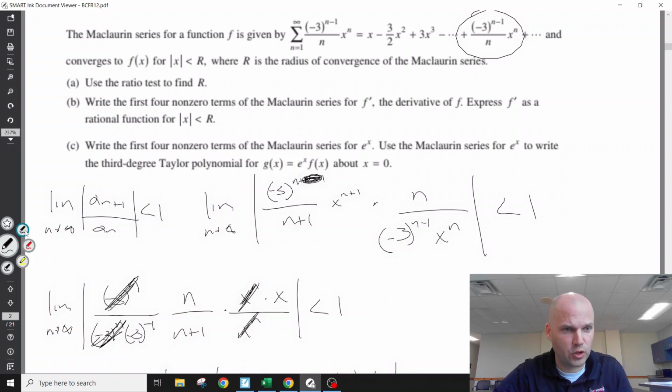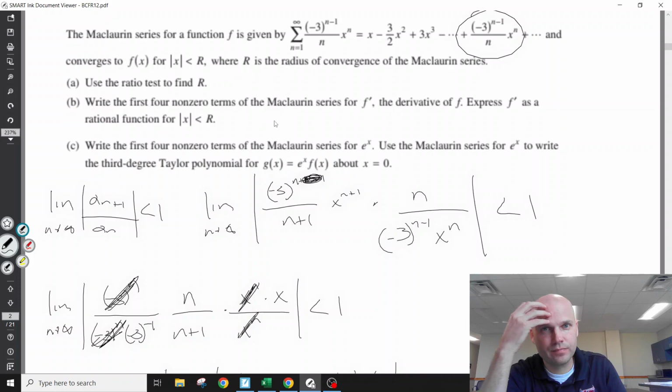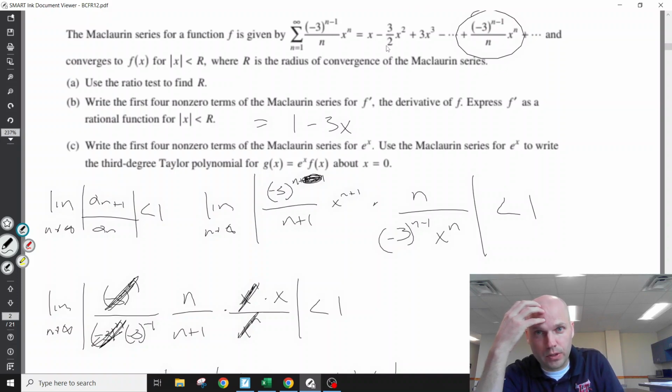All right, write the first 4 terms. The whole rational function is rough. The first 4 non-zero terms are not that bad. You get that when you point the 2 down. You get that.